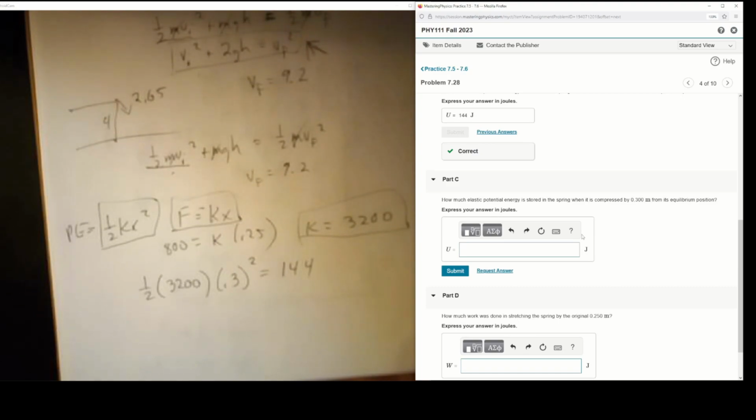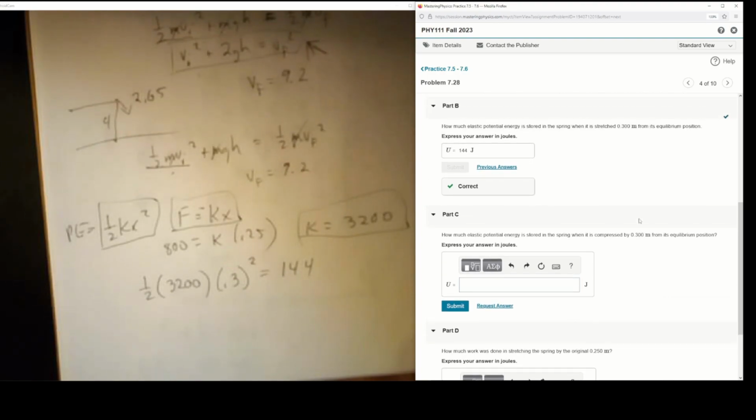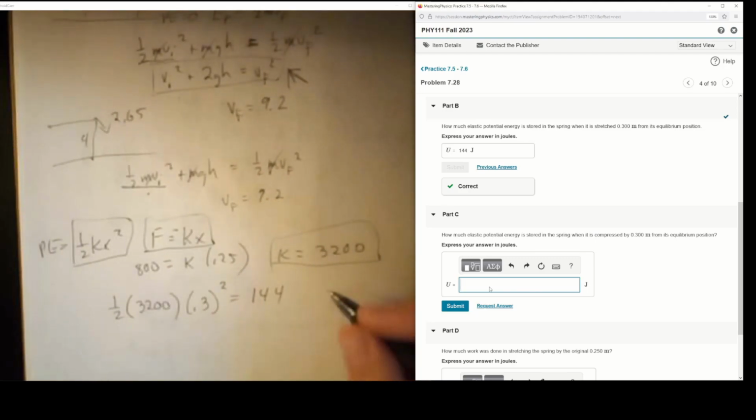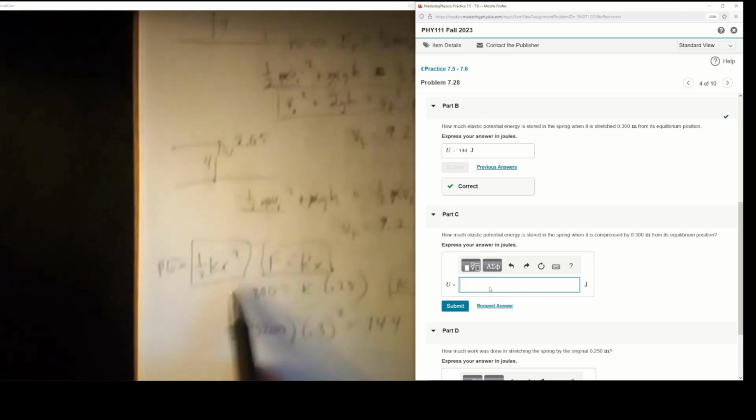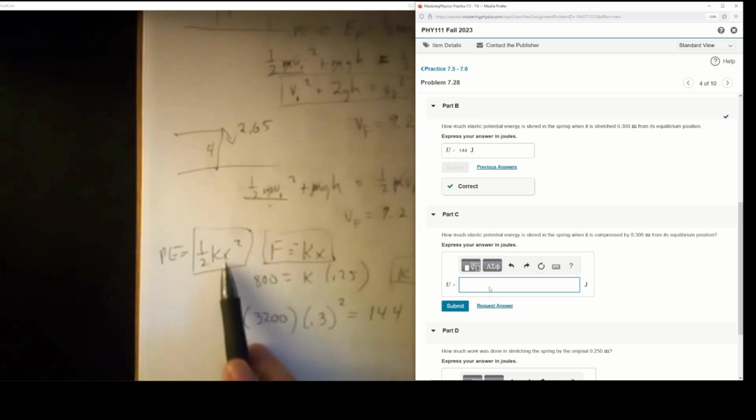And for part C, how much potential energy is stored in a spring compressed by 0.3? Did we just do that? Oh, okay. Part B is when it's stretched, and part C is when it's compressed. So these are the same values. In the equation for potential energy, 1/2 kx squared, this x is the distance from equilibrium.